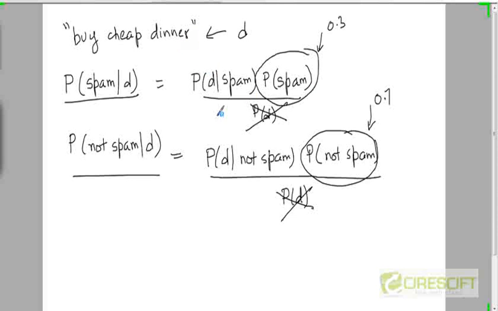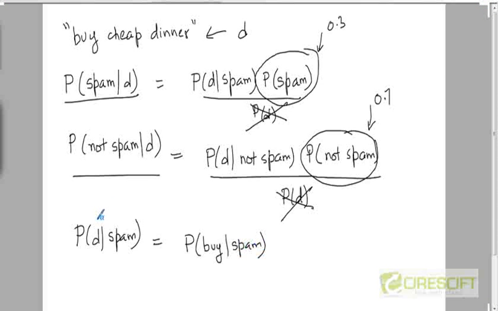So both are important. How would we compute the probability of D given spam? What is D? It has these three words. We'll use the naive assumption and say this is equal to the probability of buy given spam. D is the vector buy cheap dinner.